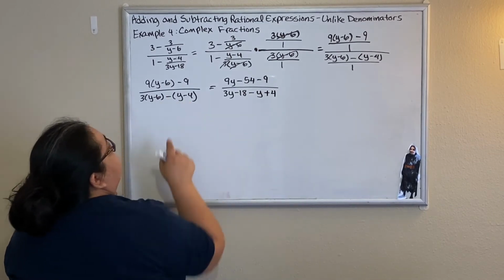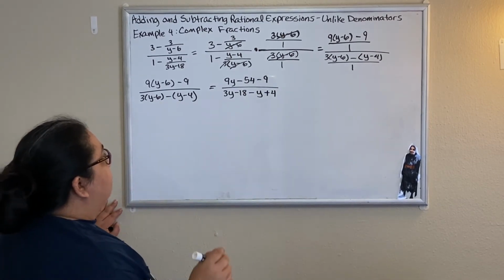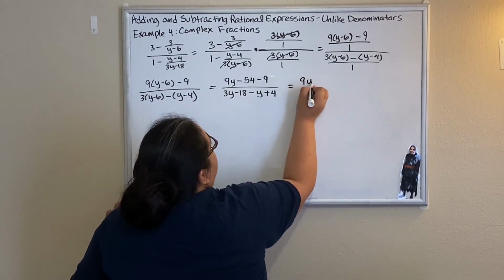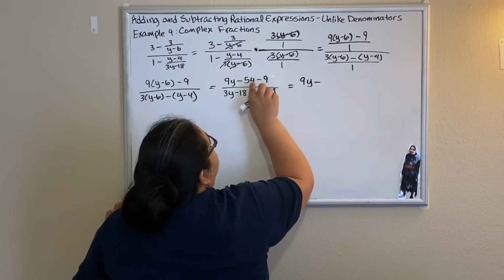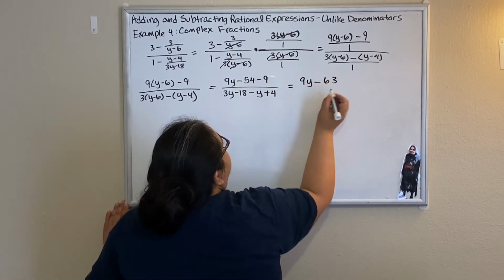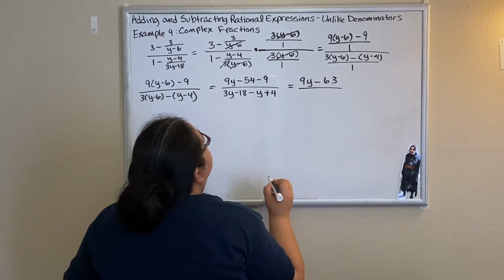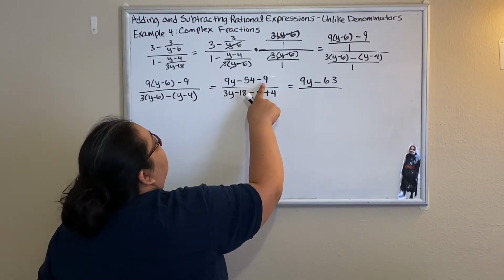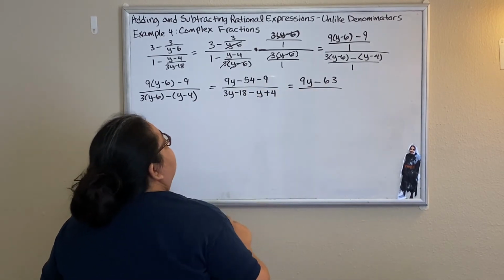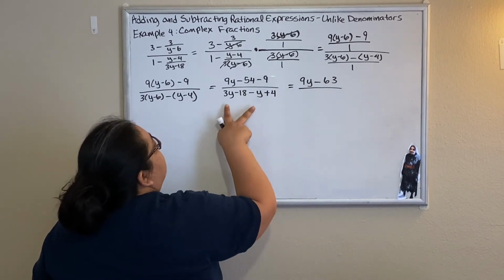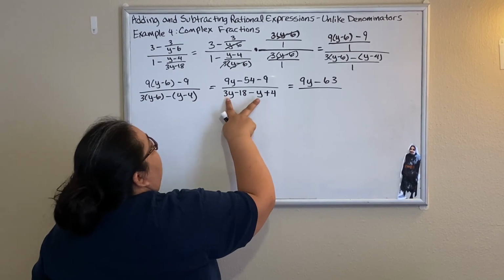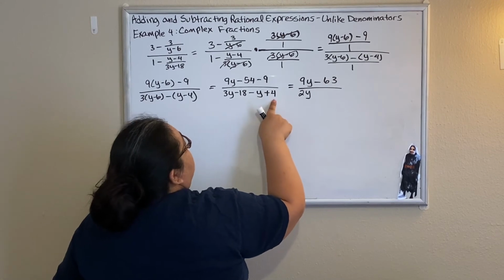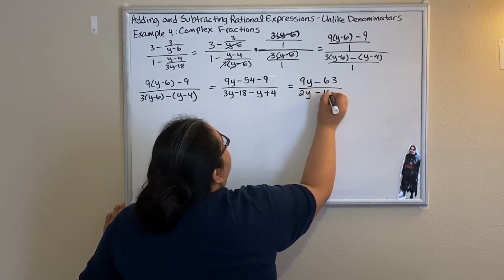I distributed the negative here. Okay, so now we're going to simplify again, and we're going to say 9y minus 54 minus 9, I meant negative 54 minus 9 is going to be negative 63. I said that incorrectly. Now down here I have 3y minus y, that's going to be a 2y. Negative 18 plus 4 is going to be a negative 14.